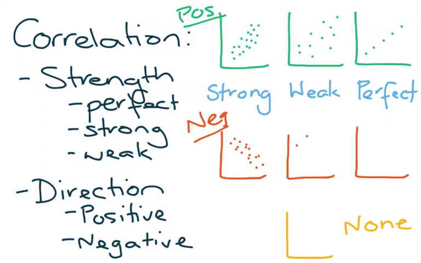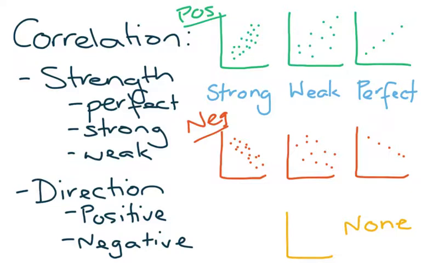Weak, again, the dots are a little bit further apart, but you can see that there is that downward trend still. And then again, perfect correlation is when all the dots are in a straight line and show that perfect correlation.